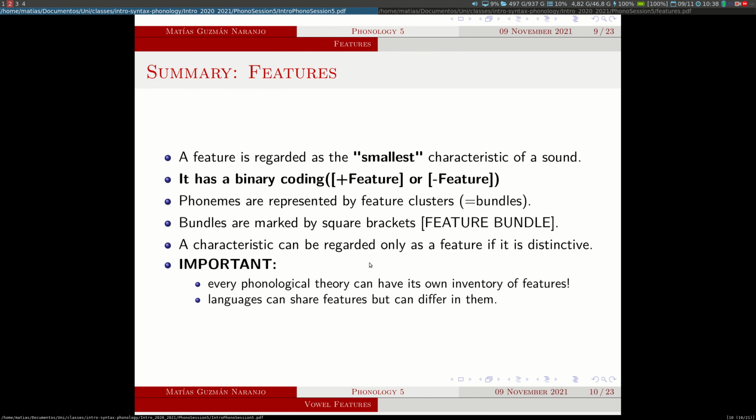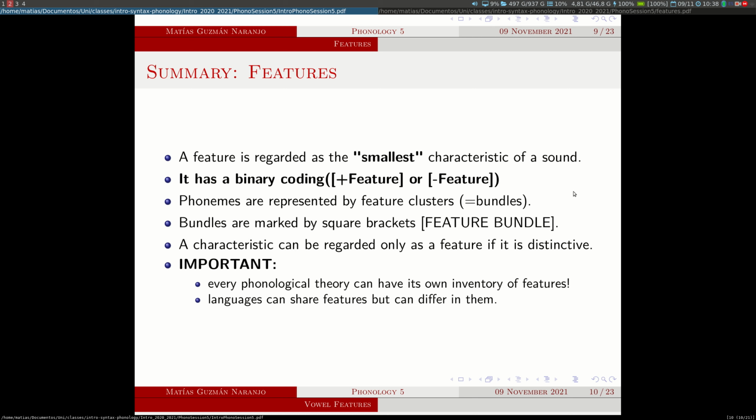Now, using features, we can represent phonemes as feature bundles, and this is important. Another important point here is that different phonological theories will make use of different features.